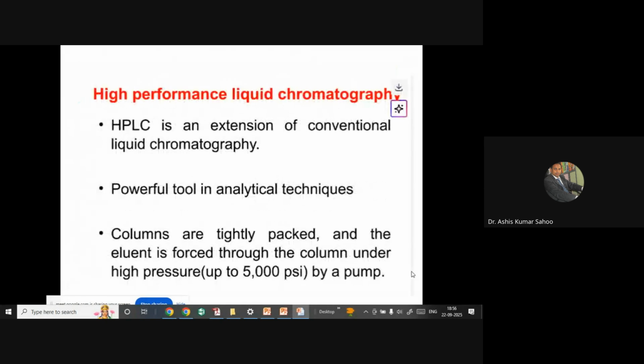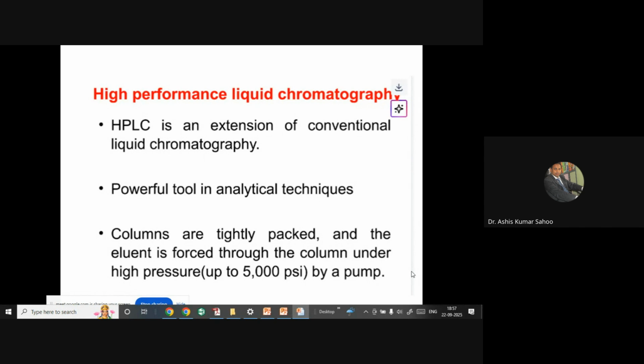HPLC is an extension of conventional liquid chromatography, an advanced form of it. It is a powerful tool in analytical techniques. Columns are tightly packed and the solvent is forced through the column under high pressure.